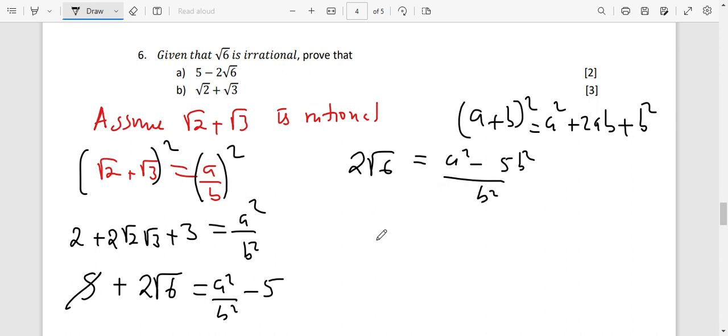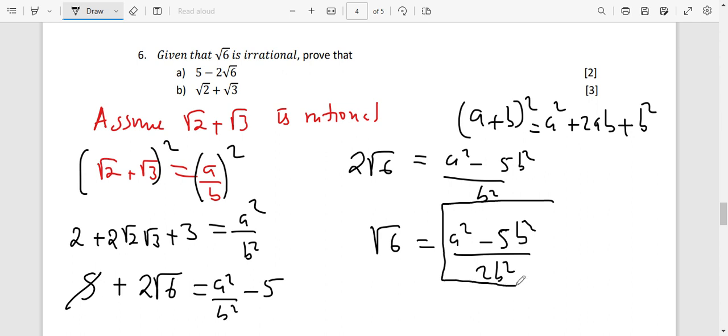Divide both sides by 2, so square root of 6 is equal to a squared minus 5 b squared over 2b squared. Again, whenever you get an integer, you square it, the answer is always an integer. So a squared is an integer, 5b squared is an integer, 2b squared is an integer. If you subtract two integers, the answer is an integer.